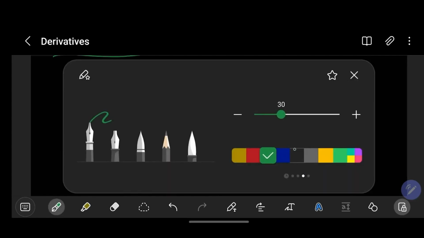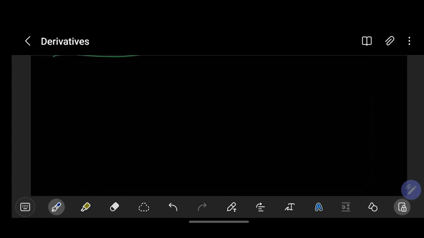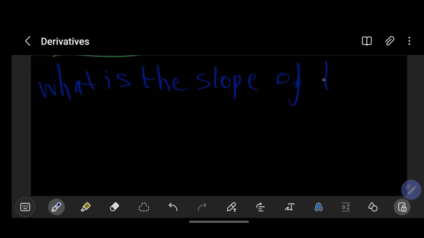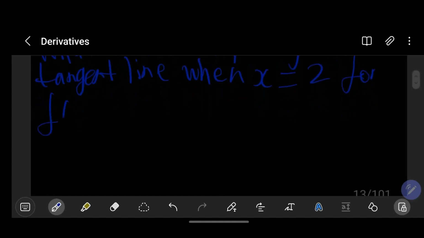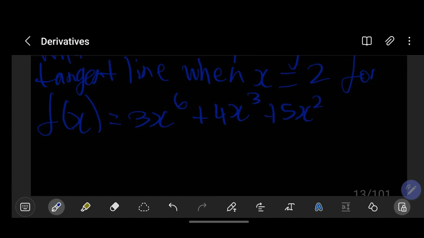Okay, so let's do a question that says, what is the slope of the tangent line when x is equal to 2 for f of x is equal to 3x to the 6 plus 4x cubed plus 5x squared plus 3.